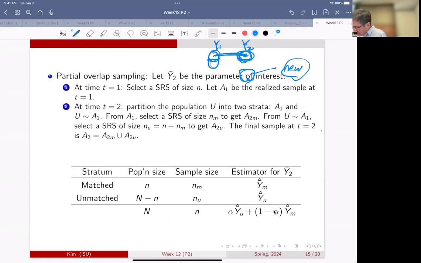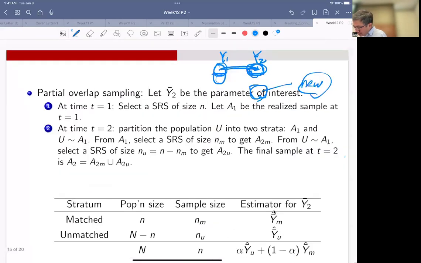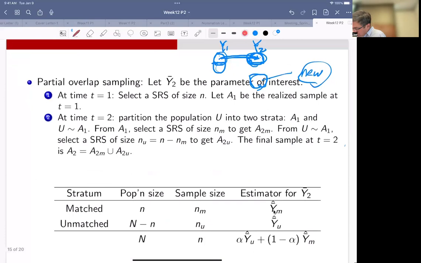So the idea is we can use this one as x and construct a prediction: use this as a training sample and predict, so you kind of fill in, impute. Then you have information and additional information, and that's the best way to improve the efficiency. But I will cover that next week. So that's all for today.